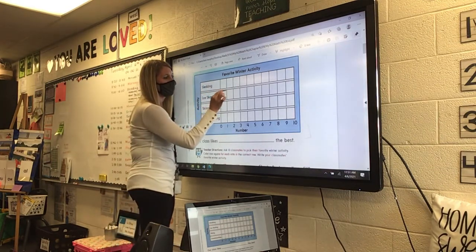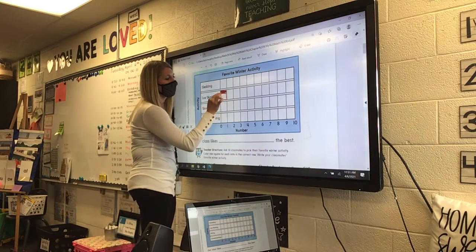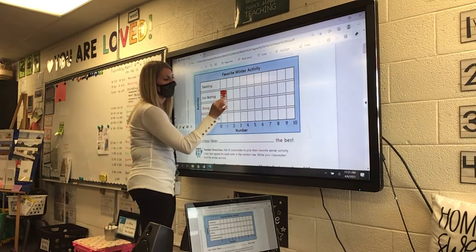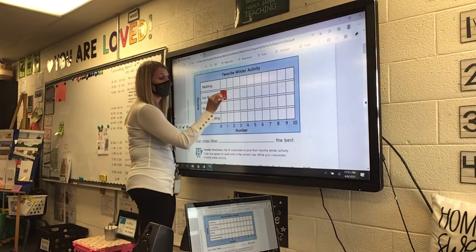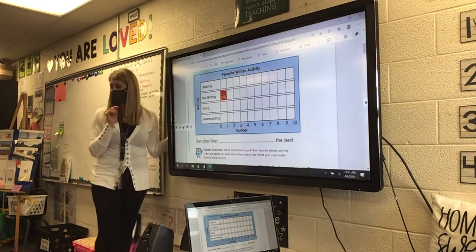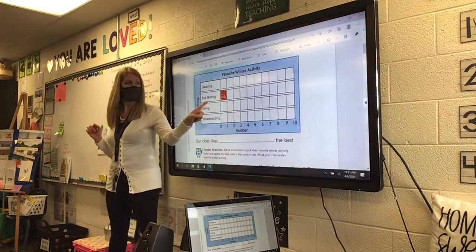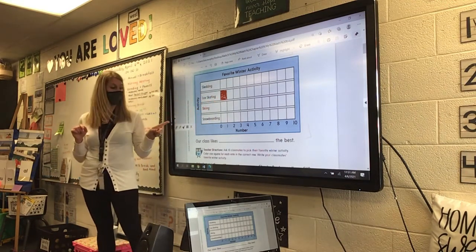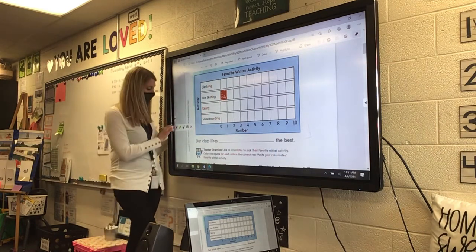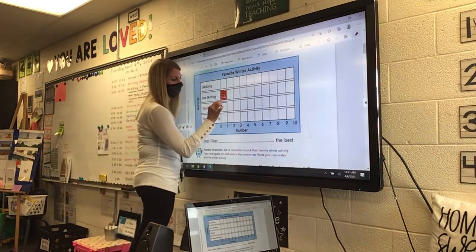Okay? So Kinsley is gonna pick ice skating. Lewis, which one are you gonna pick? Skiing. Oh, Lewis is gonna pick skiing. So now, once I get my ice skating done for Kinsley, I'm gonna go down to skiing, and I gotta color in one bar for Lewis.